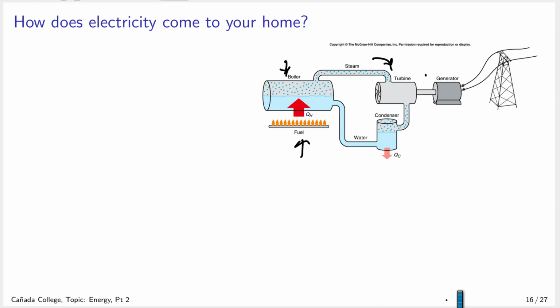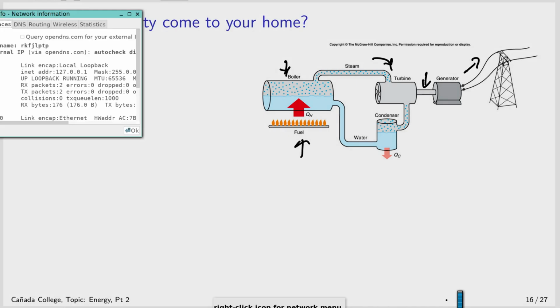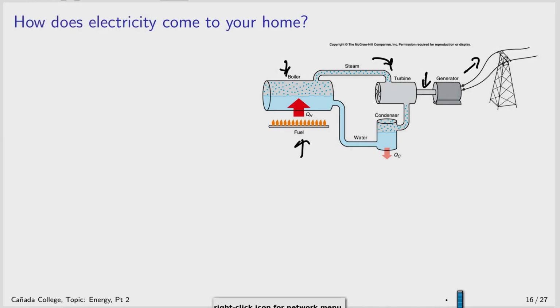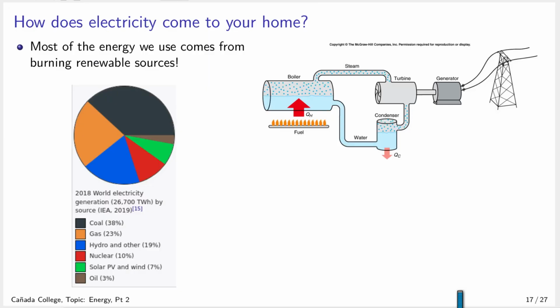And when the shaft that is connected to this turbine is put into a set of electrical coils, that can lead to the generation of electric power. So this is the fundamental process by which you start from burning coal or gas, or use nuclear power, to heat up water and eventually run a turbine and generate electricity that comes to your home.